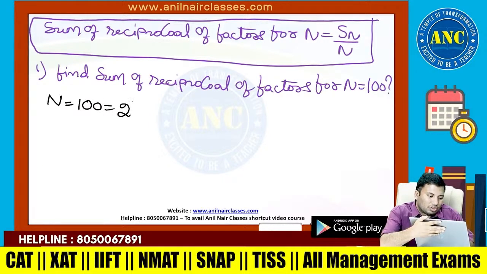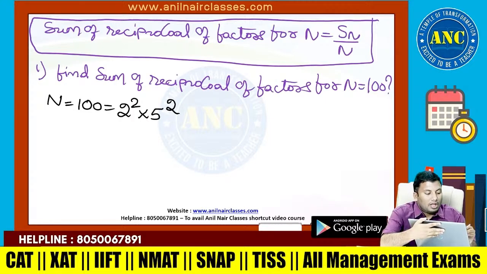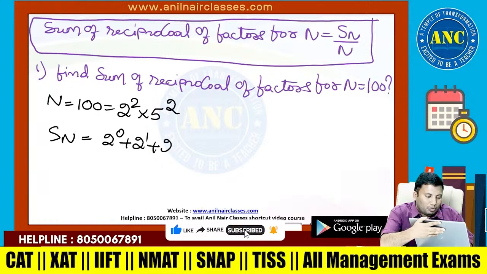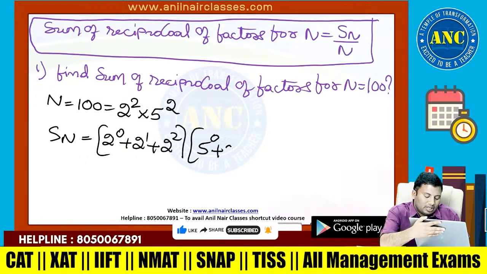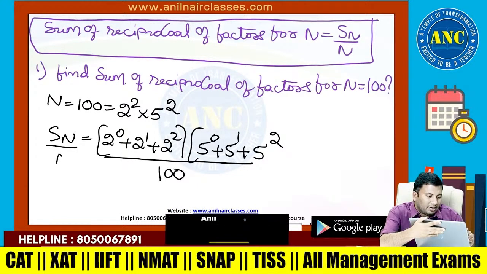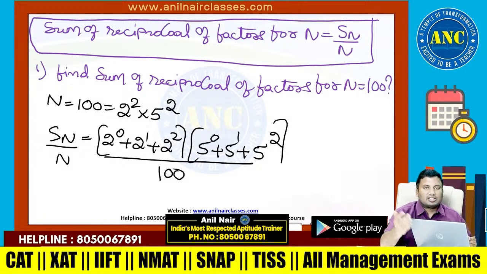100 is nothing but 2 square into 5 square. Sum of the factors is nothing but 2 power 0, 2 power 1, 2 power 2 into 5 power 0, 5 power 1, 5 power 2, divided by the number itself. This itself is the answer.